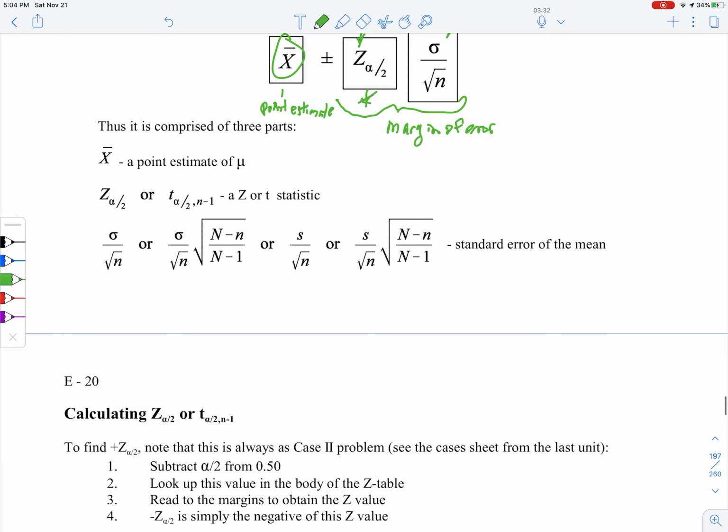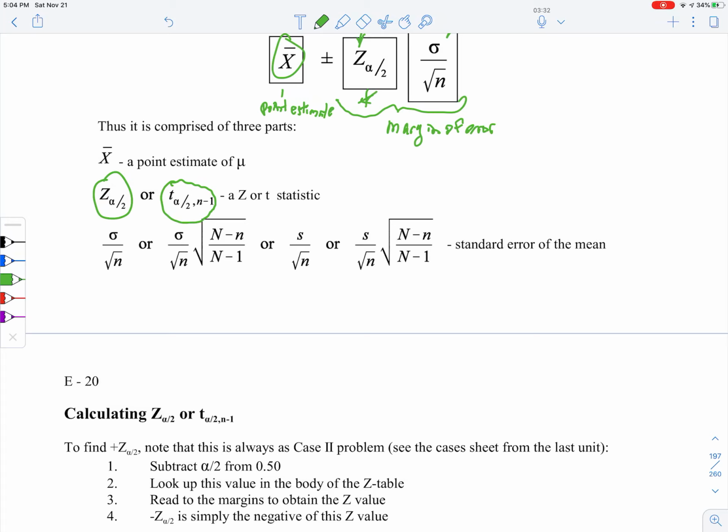Now, the thing to note is that you can use a Z based on alpha over 2. That's just a subscript; it doesn't mean Z times alpha over 2. Or you can use a T. If sigma is not known, then it would be T alpha over 2, comma n minus 1, where n minus 1 is just your degrees of freedom.